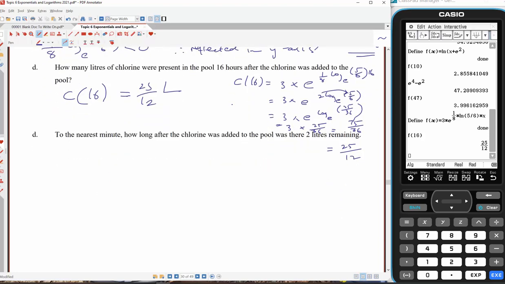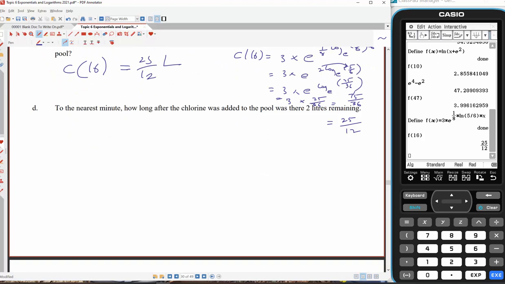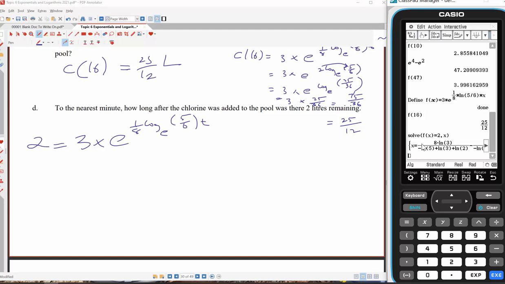Right, to the nearest minute, how long after the chlorine was added was there 2 litres remaining? So 2 equals 3 times e to the 1/8 log e 5 on 6 T. Okay, solve f of x equals 2 for x, please.